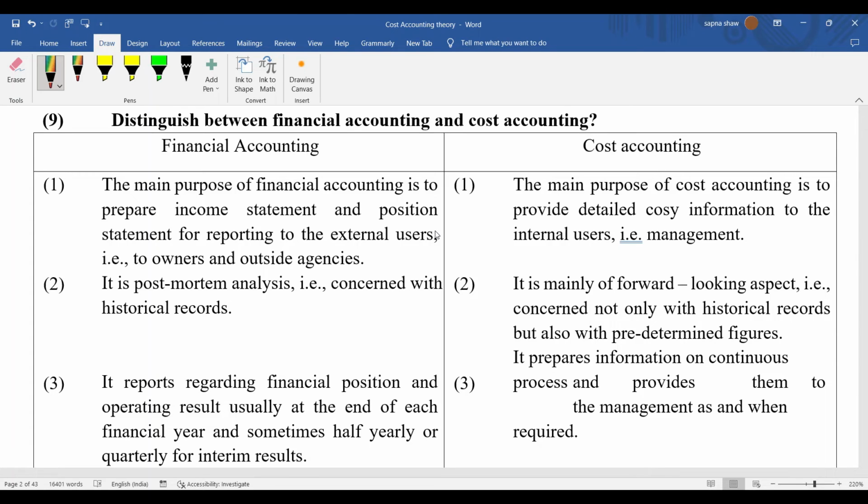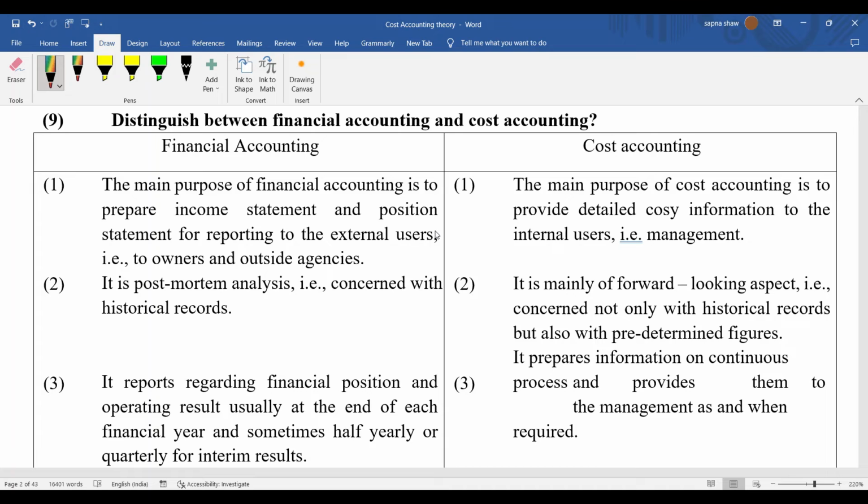We have bought something from Mr. B, we will record it. We have taken a loan, we will record that. We have bought an asset, we will record that. We have spent this much on advertising, we will record it.